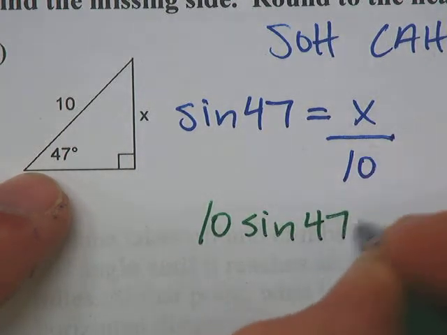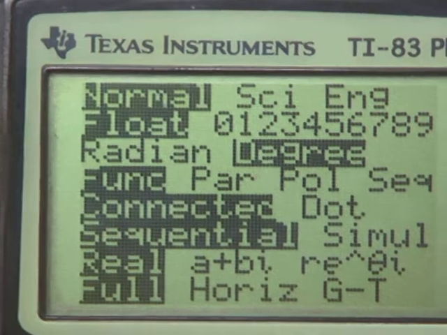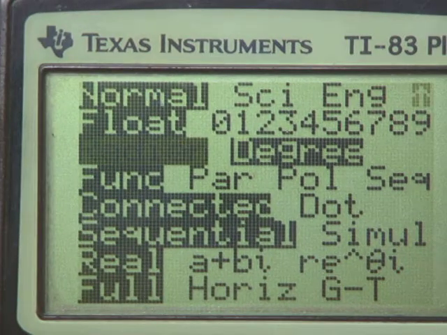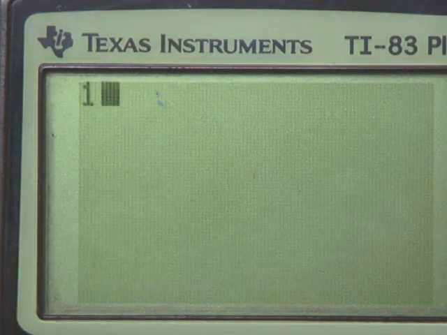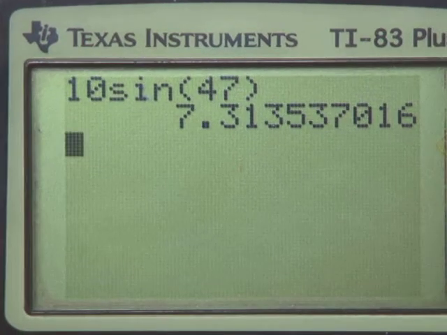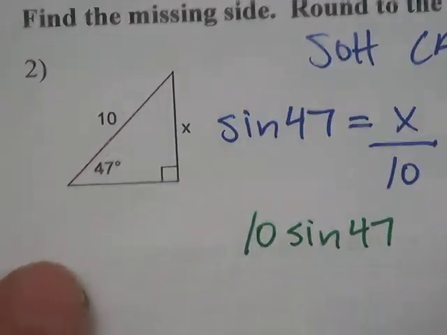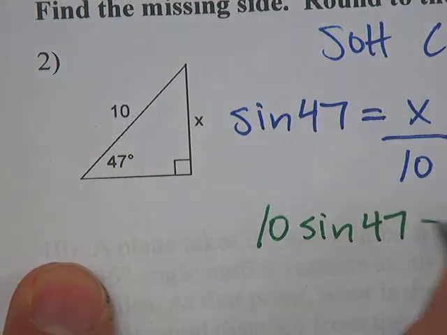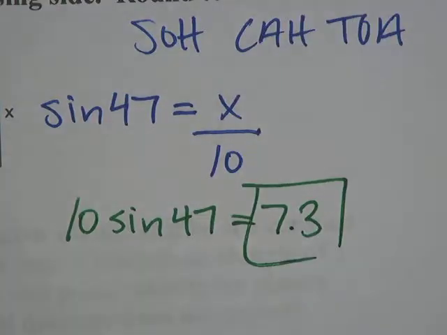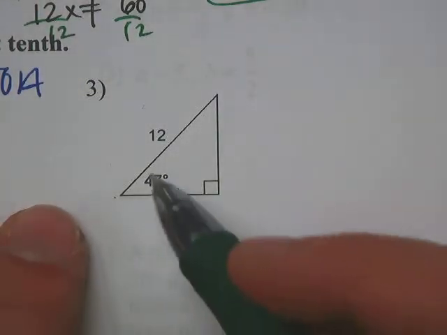This is one where to get x by itself, I multiply: 10 sine 47. Now, can't say this enough, make sure you hit mode and make sure your calculator's in degrees. Then 10 sine 47. So that side is 7.31, or 7.3.